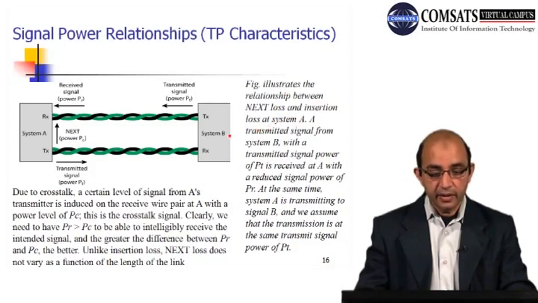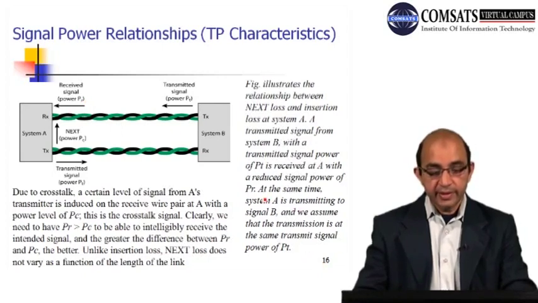At system A here, a transmitted signal from system B. Here we are transmitting, and here we have the receiver for the moment. The power PT, that is the transmitted power, is received at A with a reduced signal power of PR, right? So in the subscript you can see PR.